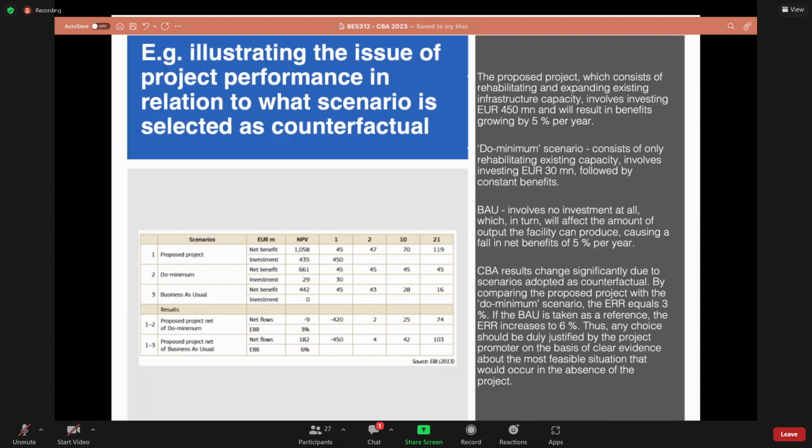If you are comparing it with business as usual, the project that we are considering has higher benefits as opposed to when we compare it with the do minimum scenario. So if you are an analyst undertaking a CBA for a public sector project, you have to clearly justify why you are selecting a particular situation in the absence of the project and why that's the most likely scenario.